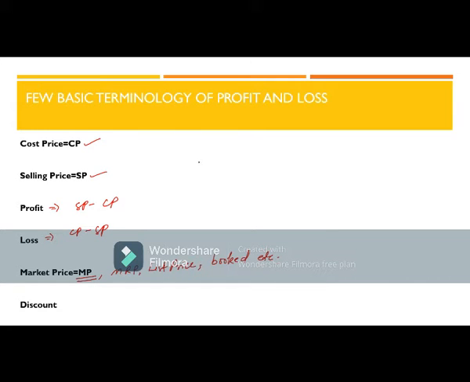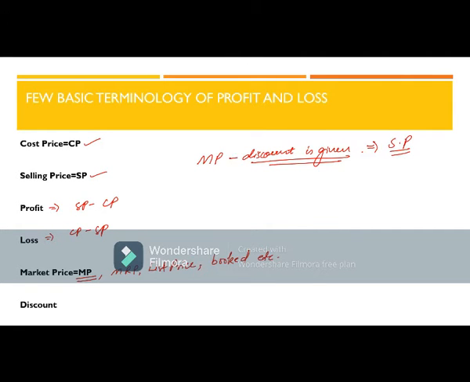Whenever we give a discount, the discount is generally given on market price. After giving a discount, the final price paid by the customer is generally termed as selling price.